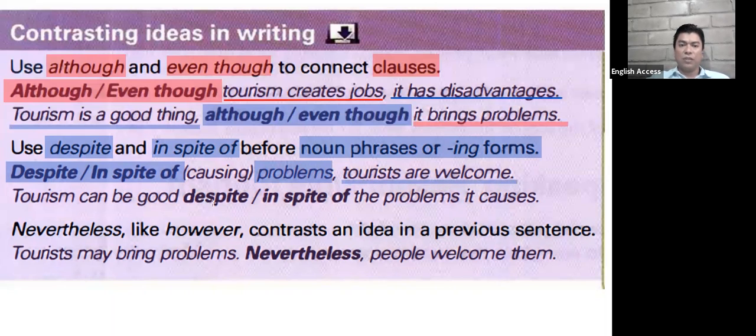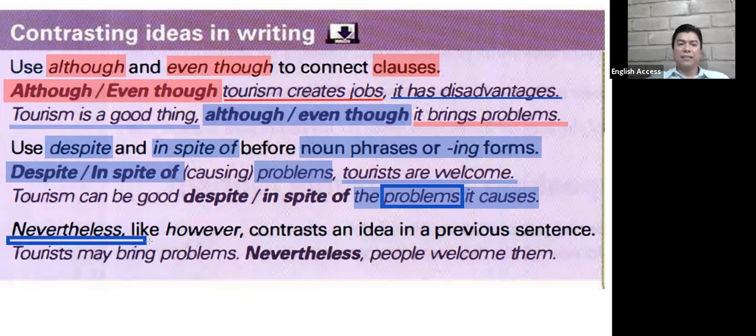Tourists can be good despite or in spite of the problems it causes. All of that is one noun phrase. The problem it causes, 4 words, is a phrase for one noun. What is the noun? What is the object? Problems.